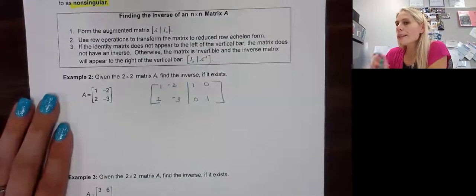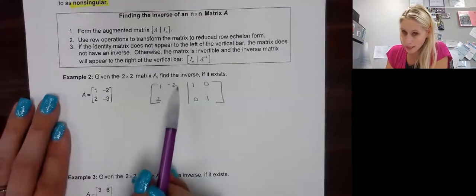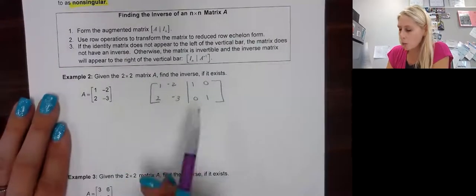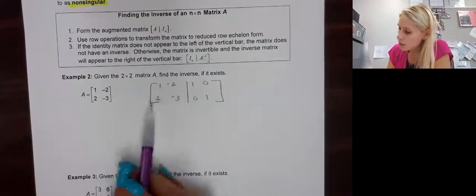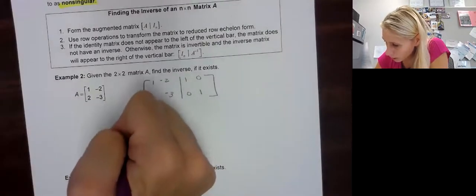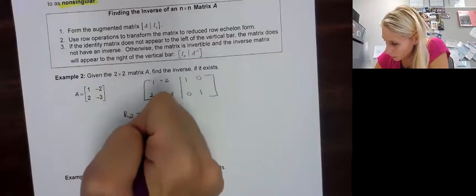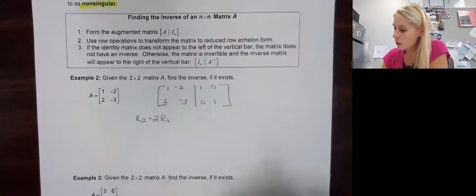Remember, when we learned this before, we always start right here and we go down here and around, so counterclockwise. So I like it that this already has 1. So now what we're going to do is say row 2 minus 2 row 1, because that will give us 0 right here.